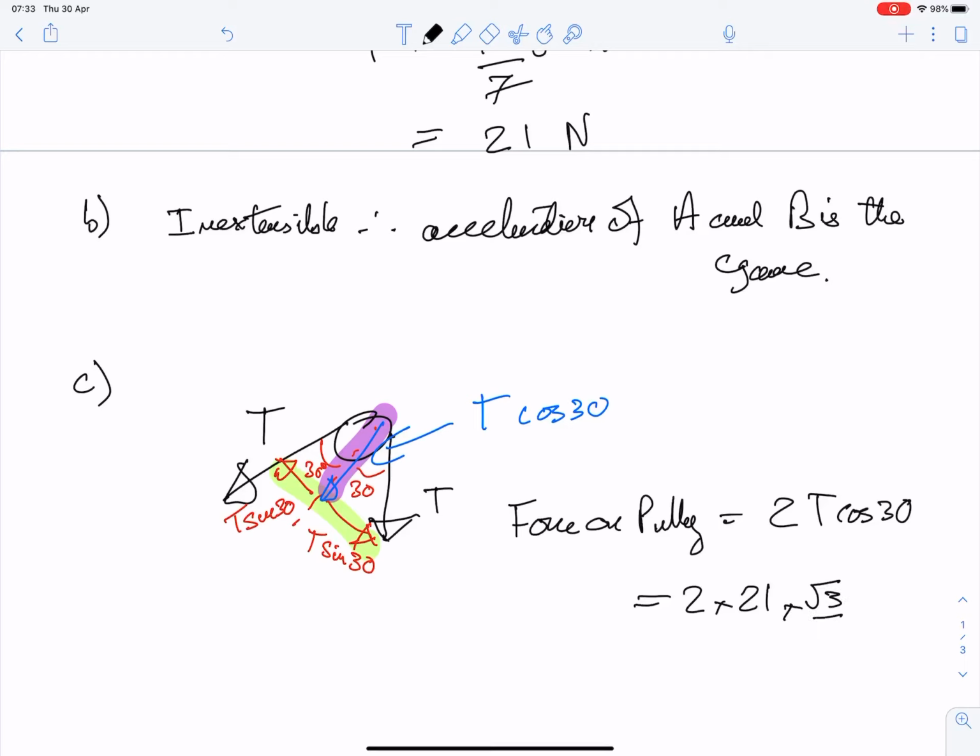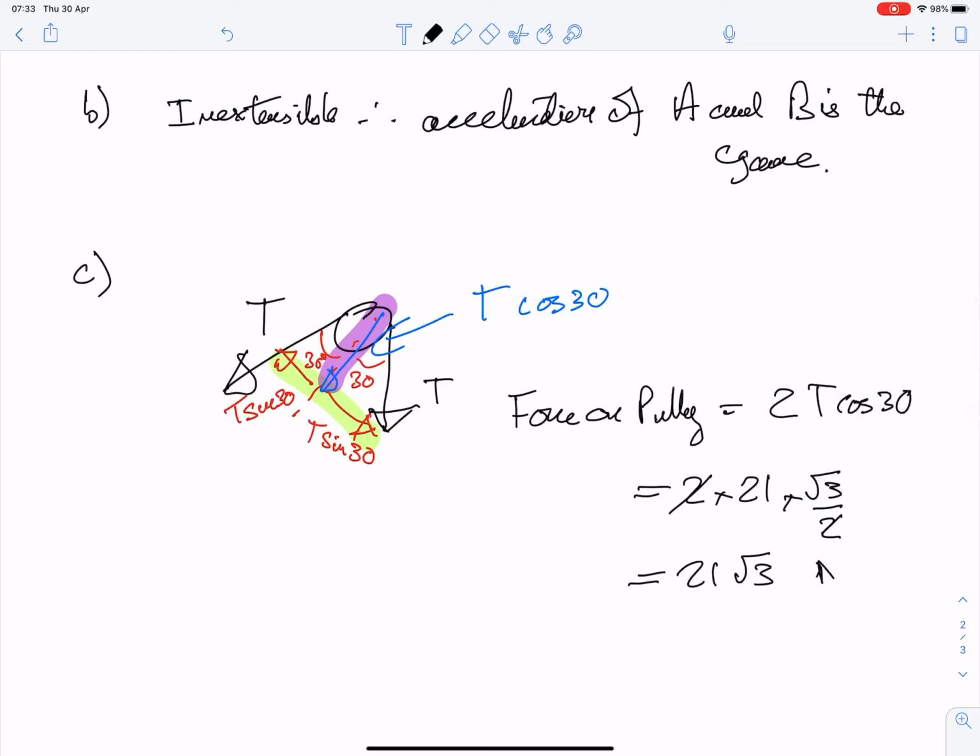So that bit there is going to be T. It's next to the angle, so it's cos 30. So force on pulley is equal to T cos 30.